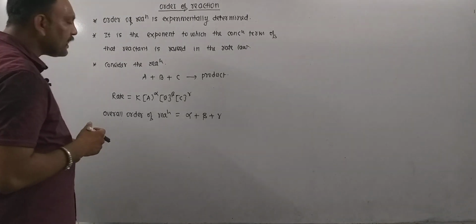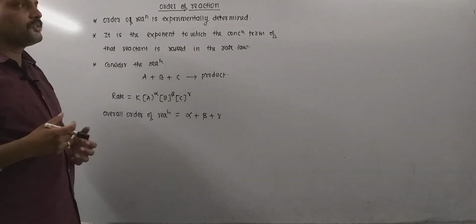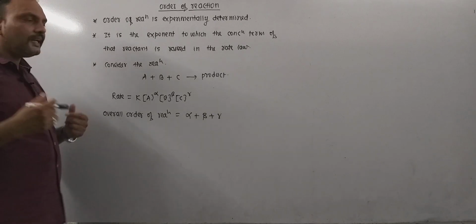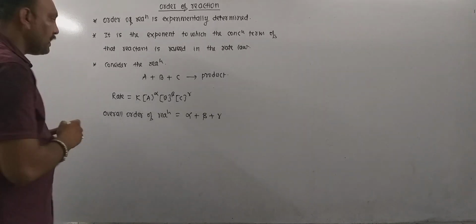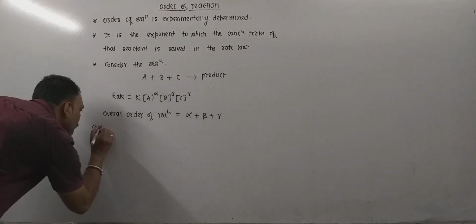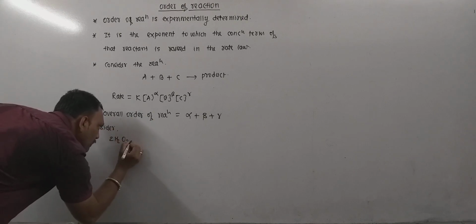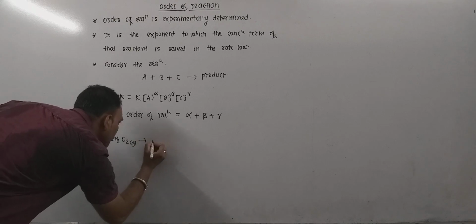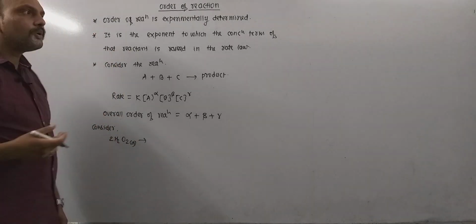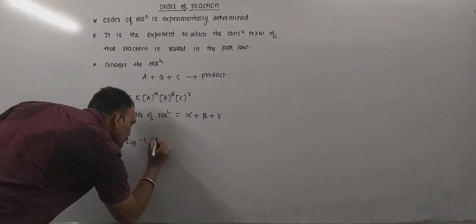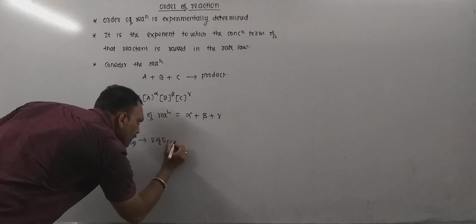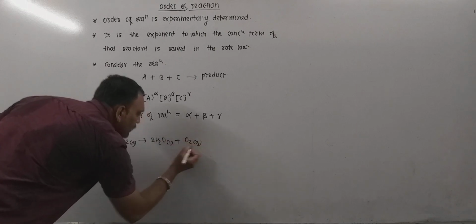Now let's look at a few examples which illustrate the order very well. Consider the reaction in which H2O2 gas decomposes, producing water and oxygen: H2O liquid plus O2 gas.